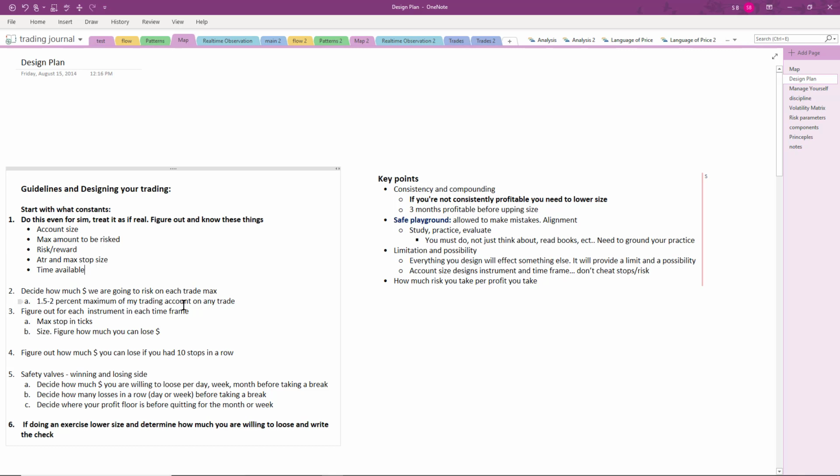Now this doesn't mean to risk 2% on the Aussie, risk 2% on the Euro, risk 2% on the Yen, all at the same time. I'm not going to get into a whole bunch of equivalent risk here. You can get all this type of math from the internet. It's pretty simple. I just don't want 2% of my money at risk out there at any given time.